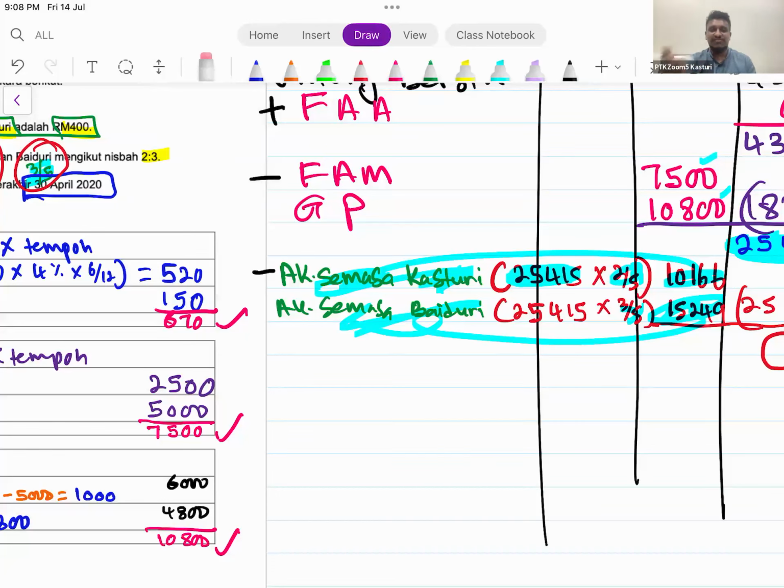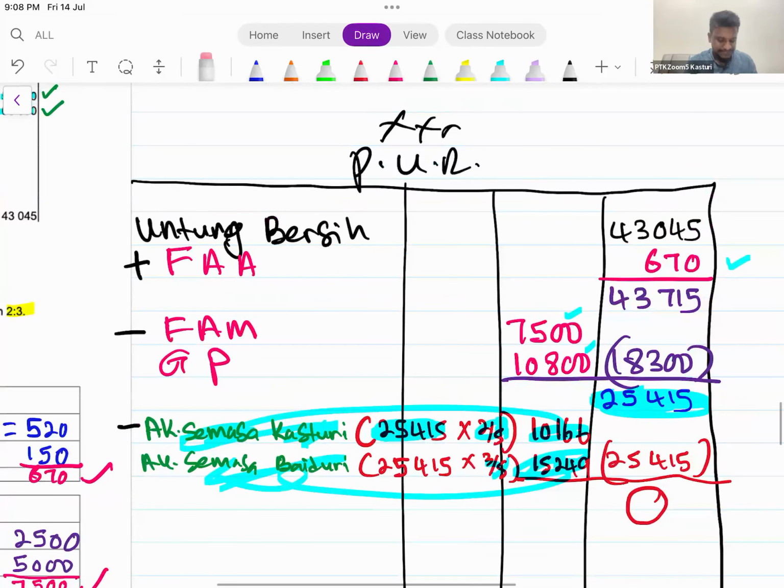We follow the latest format. It's not wrong. It's just an old format. We don't follow the old format. But if you already did it, don't waste your time to do it again because you still get the marks.